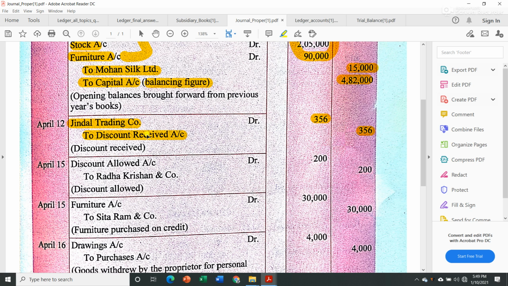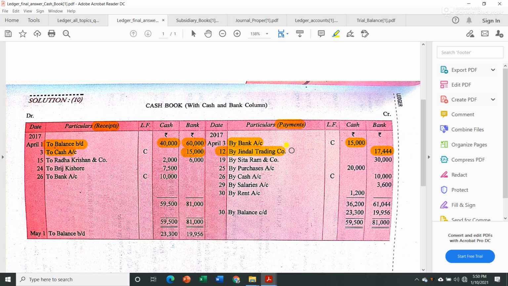Since we received discount, we will record it in journal proper, rupees 356. Now after deducting this 356, the remaining amount we paid through check, and when we issue check, it will be deducted from our bank account, that is 17,444. So this is how you are supposed to do.